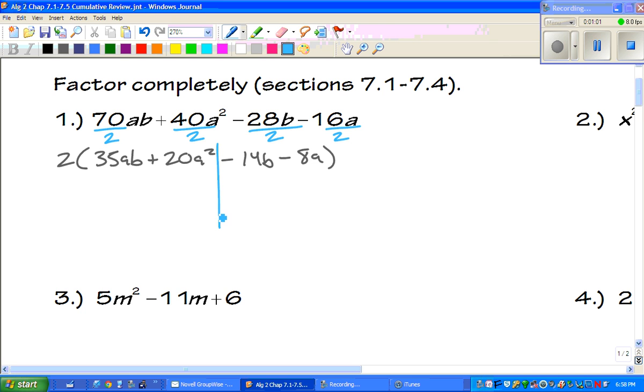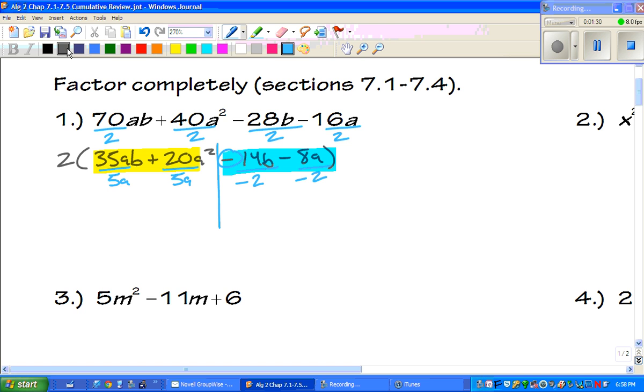Now is when we split it up and we take the GCF of the front versus the GCF of the back. So from the front, we can take out a 5, and we can also take out an a. From the back, our leading coefficient is negative, so we take out negative 2. That's the only thing that we can take out.